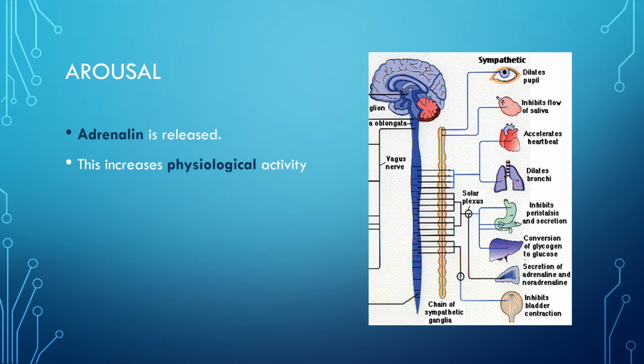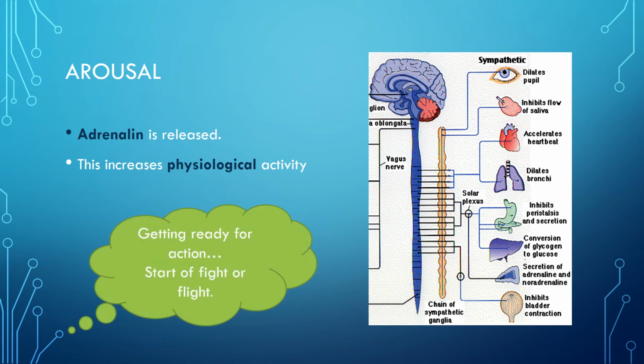Okay, so it might dilate the pupils, accelerate the heartbeat, increase the amount of glucose that your body is creating, because it's going to need the energy. The body is getting ready for action. We might be in a situation where we need to start fight or flight.